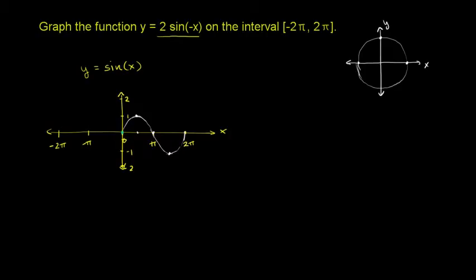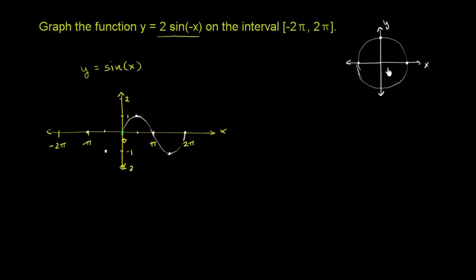It looks something like that. And we also want to go in the negative direction. So as we go in the negative direction, sine of negative pi over 2 is negative 1. Then you go back to negative pi, back to 0.